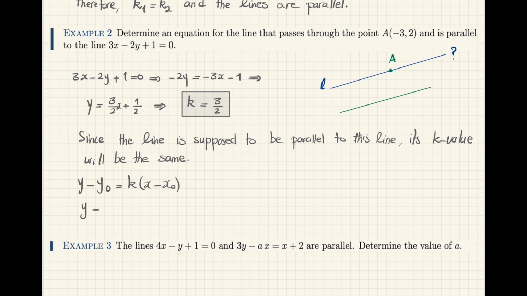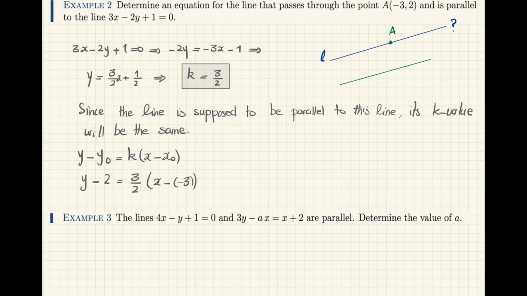So y minus y node, the y coordinate of my point. K value is 3 over 2, and then I have x minus 3. X node is the x coordinate of the point that I know. Okay, and then what should I do?